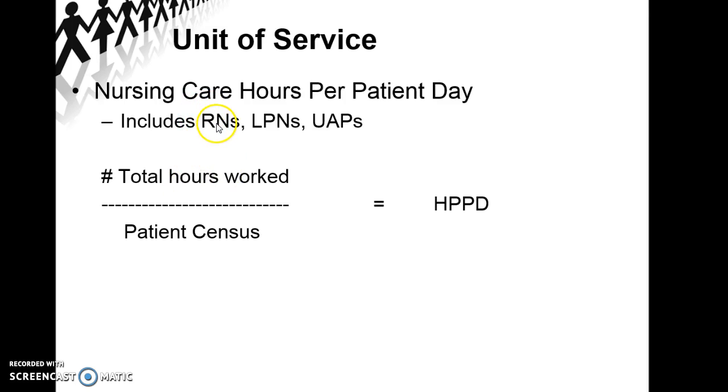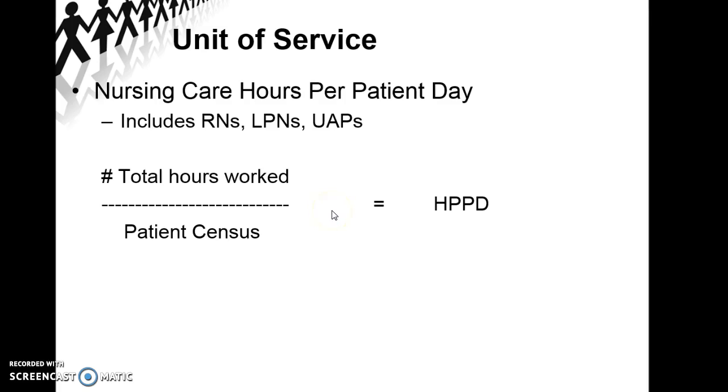So if you had 6 RNs all working 8-hour shifts, then it would be 48 hours worked over the total patient census, which again, for simplicity, I will say the patient census was 10. So back to my 3 RNs, days, PMs, and nights, they work 24 hours divided by 10.